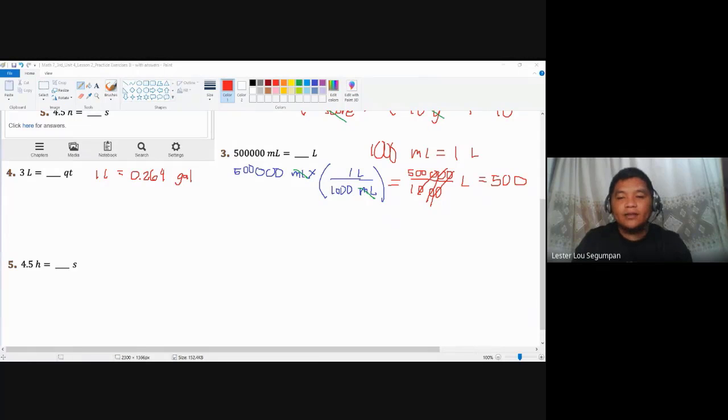And out from that, we can convert gallons to quarts because 1 gallon is equal to 4 quarts.